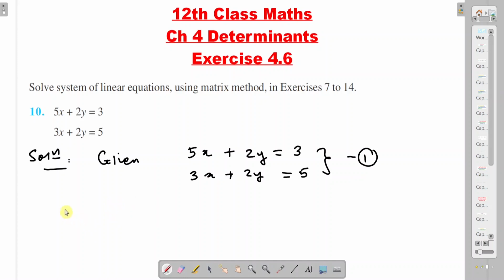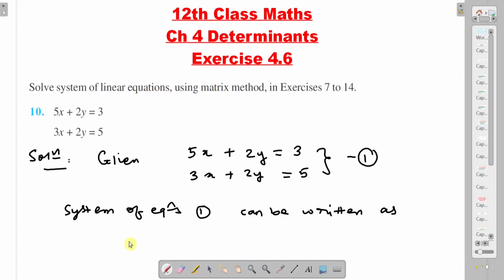System of equations 1 can be written as AX equal to B. I have already solved problems 7, 8 and 9, where we have seen this. If not, we can check the previous videos.